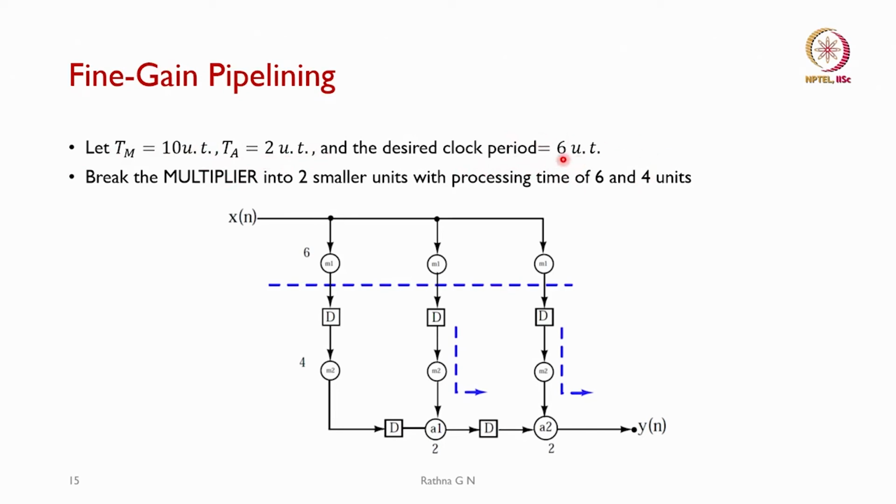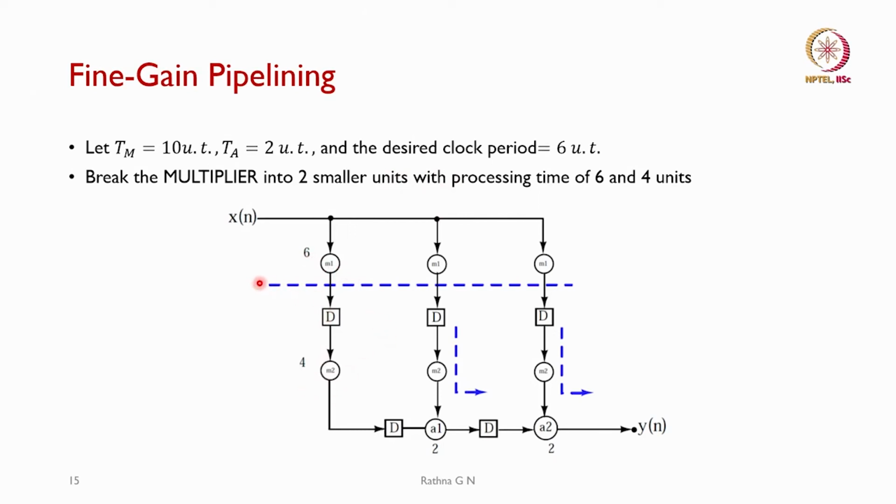How can we achieve this, because the multiplier takes 10 units plus 2 units will be my longest path in the broadcast section, but my clock period has to be 6 units. Then what we do is bifurcate our multiplier into 2 smaller units with processing times of 6 and 4 units. So, one multiplier M1 is going to take 6 units, and the M2 multiplier will take 4 units.